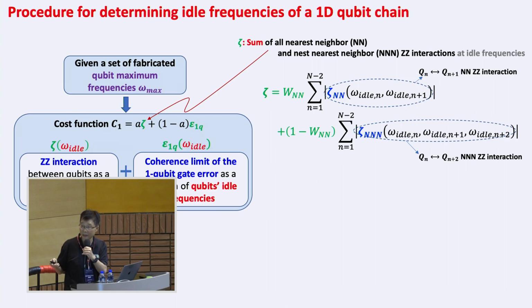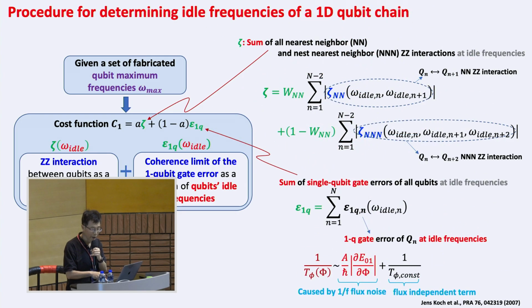This ZZ interaction is written here, and that gives us this number eta, which is taken from this equation. The second term accounts for decoherence, because in the case of flux being present, there is flux noise that has to be accounted for, and that's also written here.